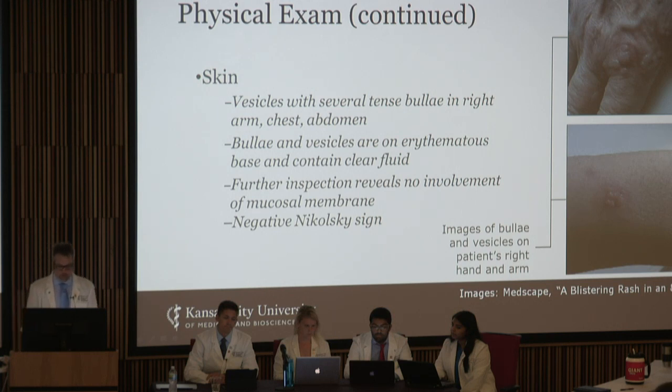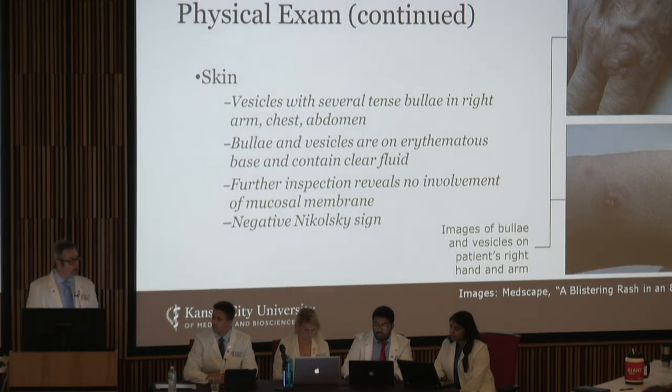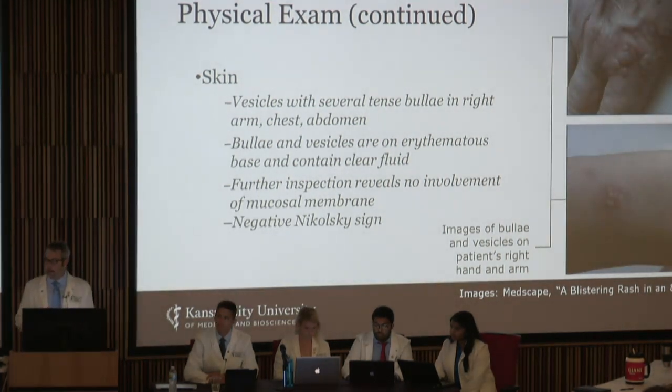Further inspection reveals no involvement of her mucosal membranes, as well as her Nikolsky sign is negative. A positive Nikolsky test would be if you gently rub the skin, it would peel back and form a blister within a minute or two.